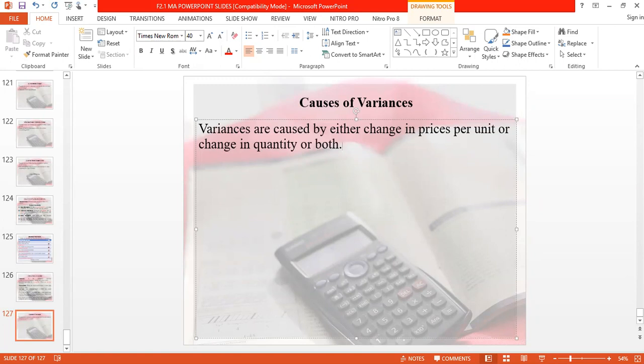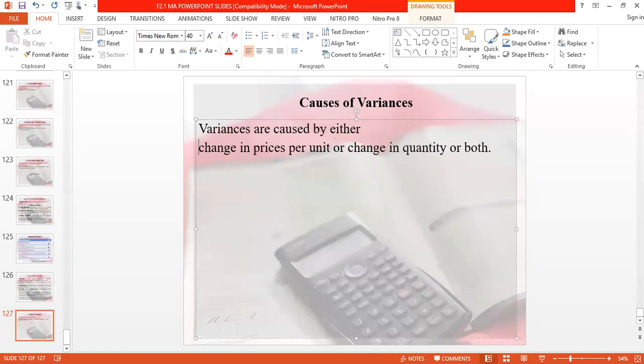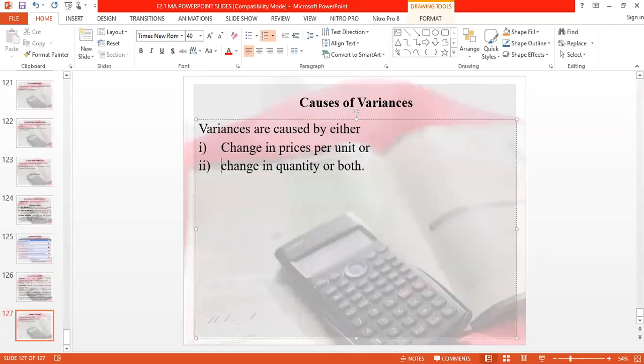I'm repeating. Causes of variances can either be, number one, change in prices, or number two, change in quantity. Quantity is the number of units, or both.